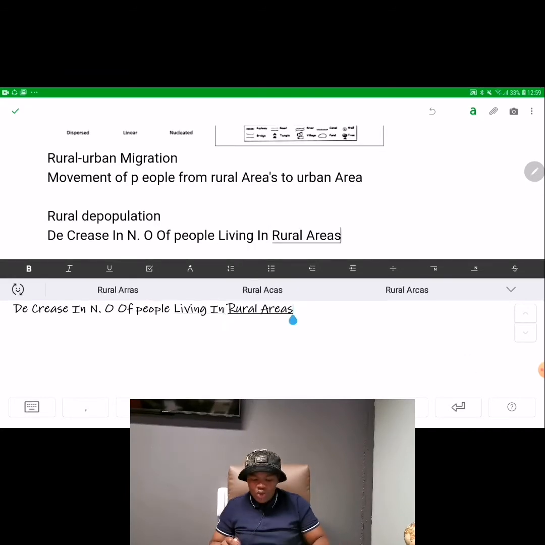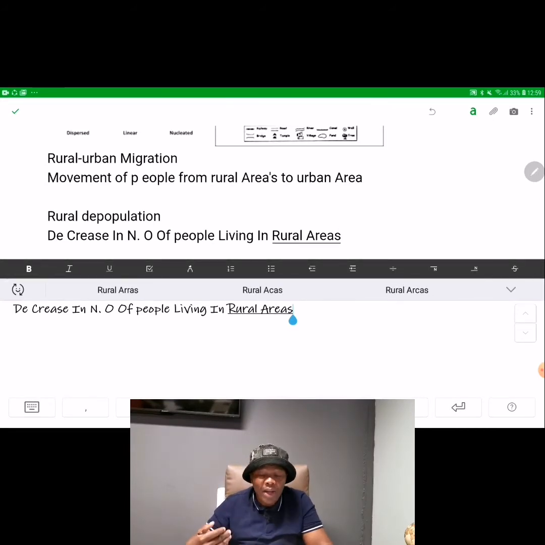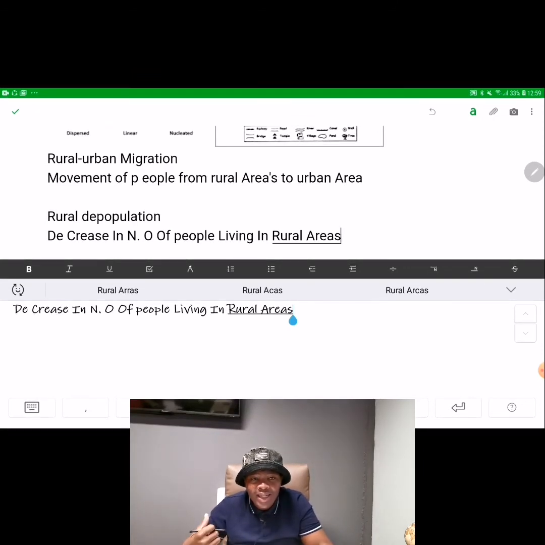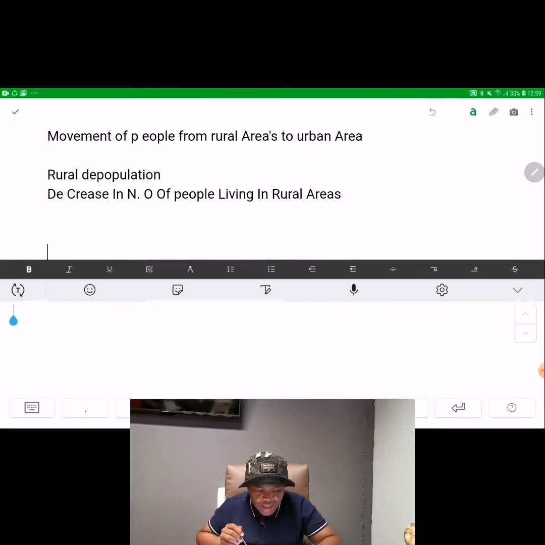So the rural areas become depopulated, and this results in a decline of the functioning. People leave rural areas because of the decline of functions and services, and now those areas become ghost towns.